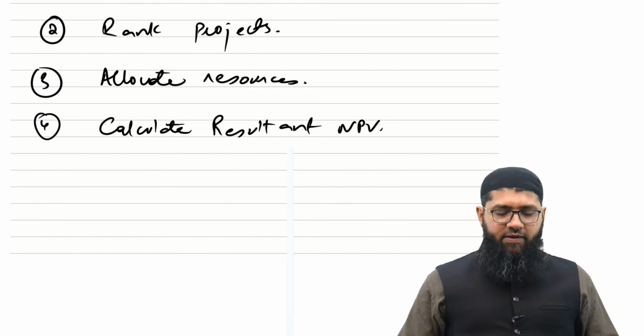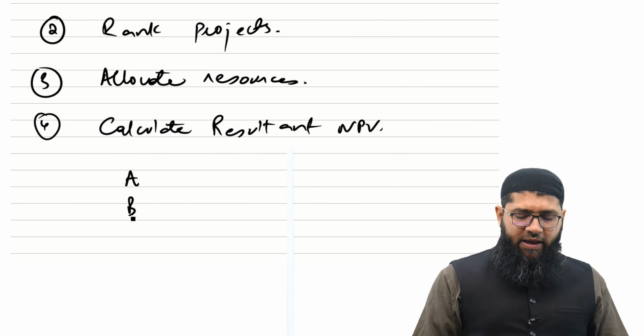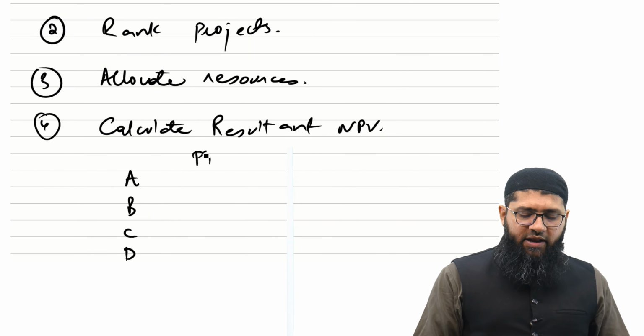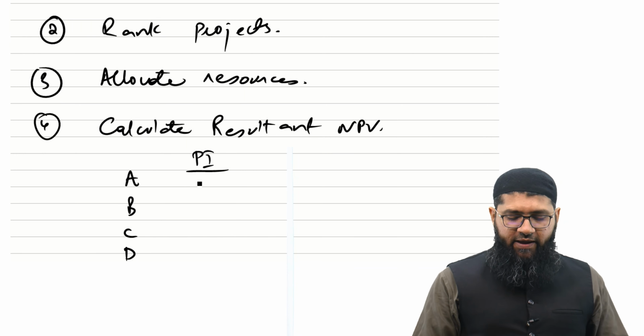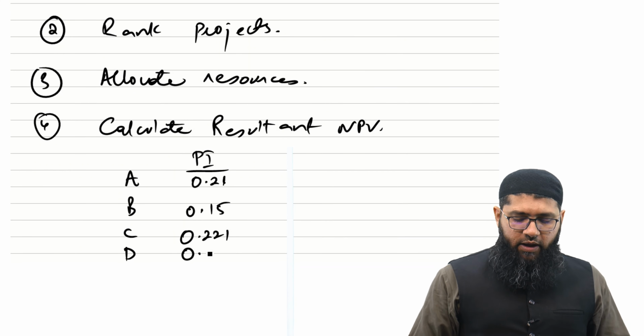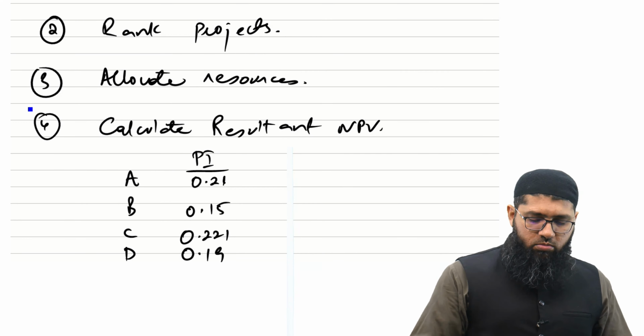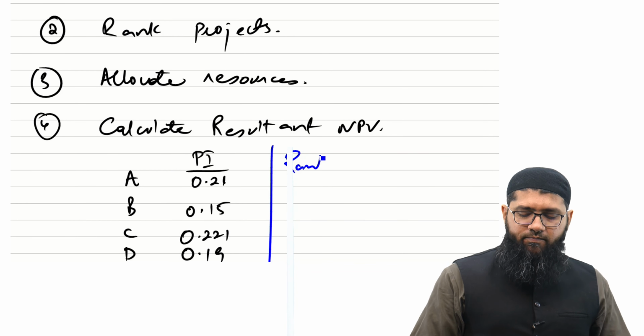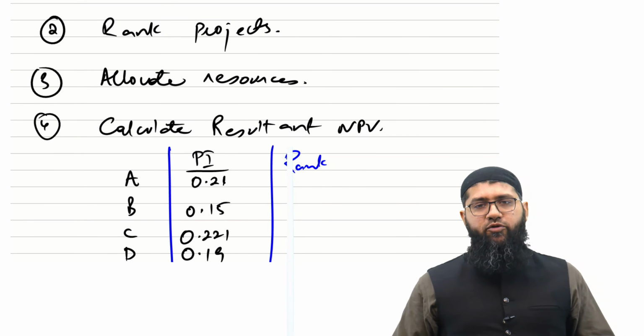calculate the resultant NPV. So if you have projects A, B, C, D, and let's say a profitability index of 0.221, 0.15, 0.221, 0.19, what are you actually going to do? You're going to rank these projects.